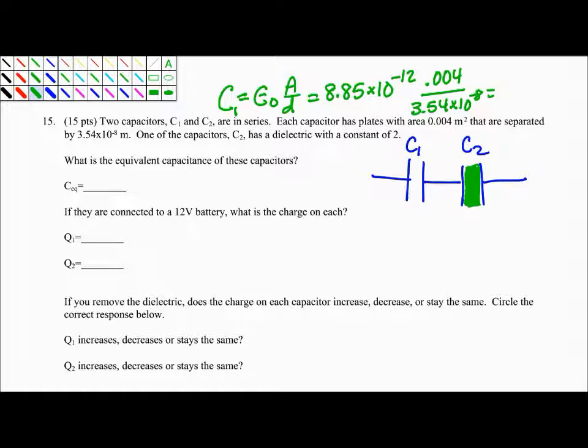And I get 1 times 10 to the minus 6 farads. That's 1 microfarad. So here I'm going to have 1 microfarad on this capacitor.